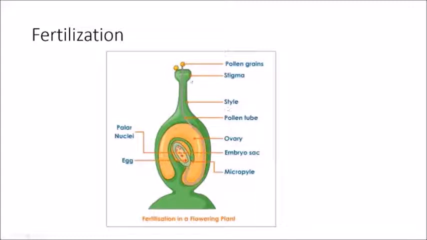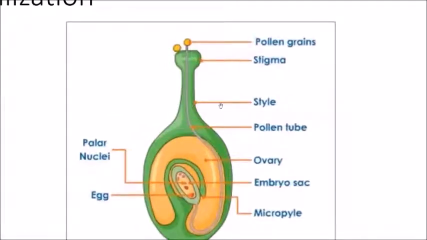Remember, the style is basically the neck of the pistil, or the part that's going to connect the stigma to the ovary. So I'll try to zoom in a little bit.